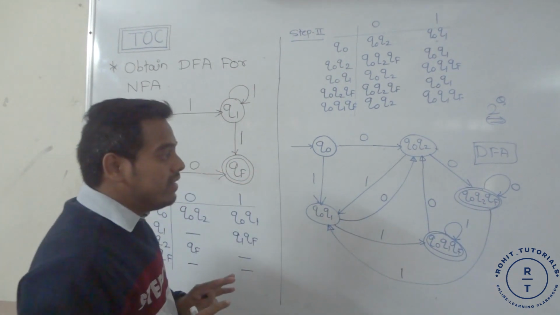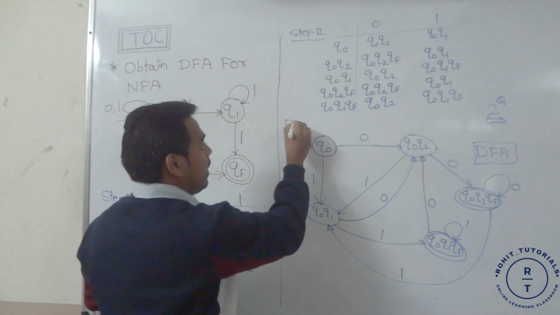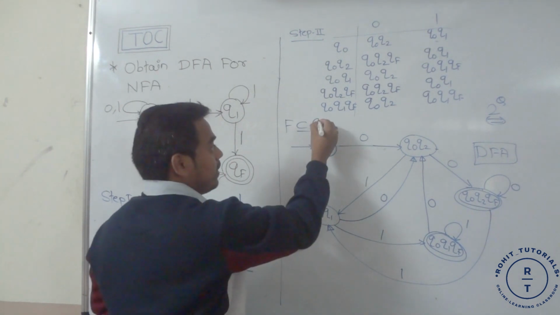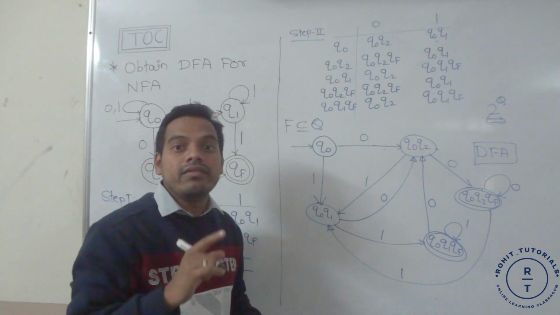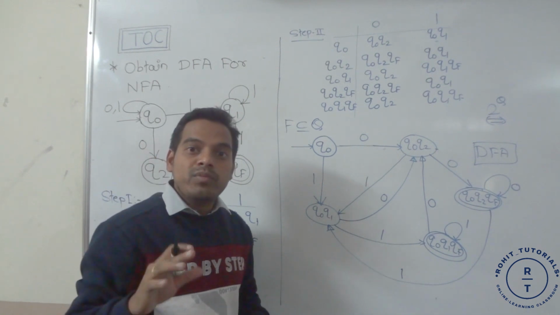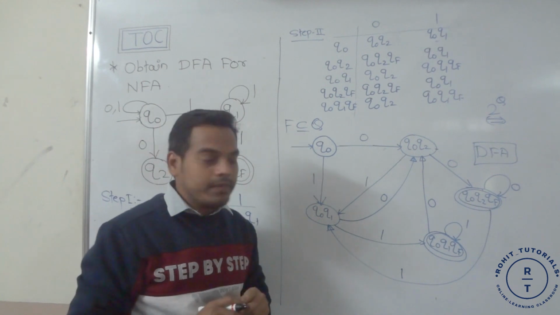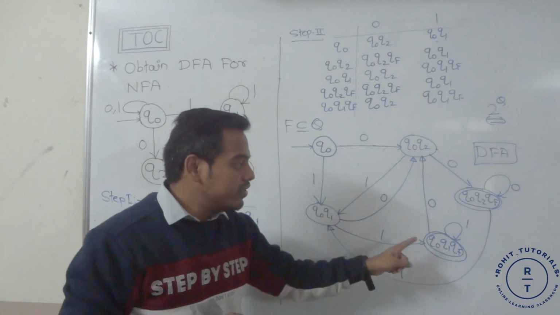We consider these as final states because F belongs to, or is a subset of, capital Q. It means more than one final state can be available while converting an NFA. So F is a subset of capital Q. So here the two final states are Q0, Q2, Qf and Q0, Q1, Qf.